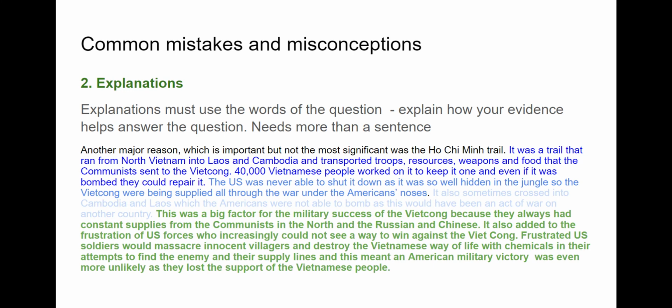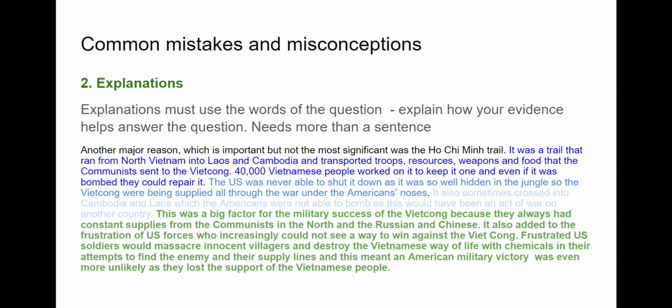So the first sentence goes back to the words of the question: this is a big factor for military success because they always had constant supplies. And I think a lot of people would leave it there and just put the first sentence of the green section. I think what this is encouraging you to do is take it a little bit further than that.